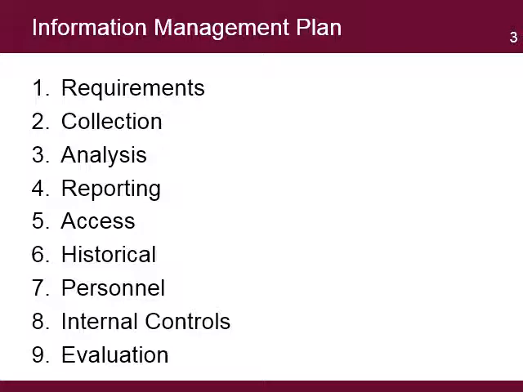Elements of such a plan describe requirements: what information must be available and for whom; collection: how will information be collected; analysis: how will the information be edited, tested, and analyzed; reporting: how will the information be disseminated; access: how will information be secured from unauthorized access; historical: how will historical information be maintained; personnel: the roles, responsibilities, qualifications, and training of the personnel necessary to implement the plan; internal controls: the controls necessary to ensure the plan is working; and evaluation: how the plan will be evaluated and used to make improvements.